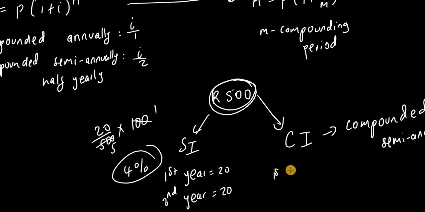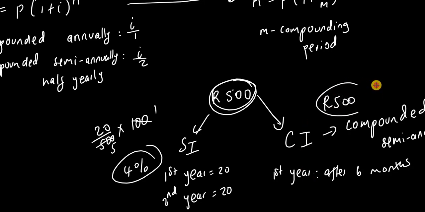For the first year, after 6 months, remember you invested 500 as your principal amount. They just say, what is 4% of 500? That is 20. So it means after 6 months in your bank account, you're going to have 520.